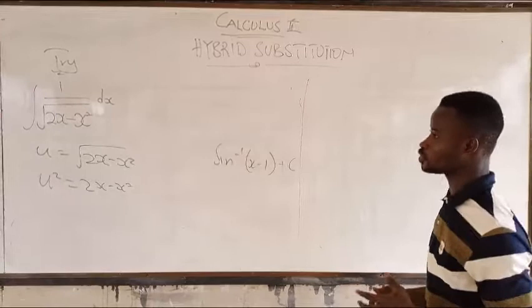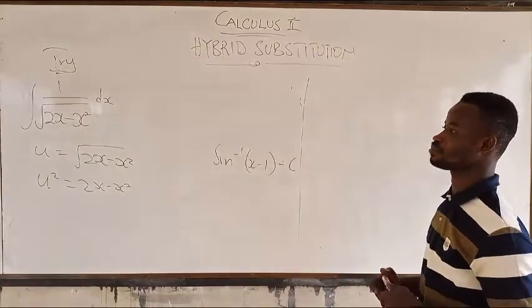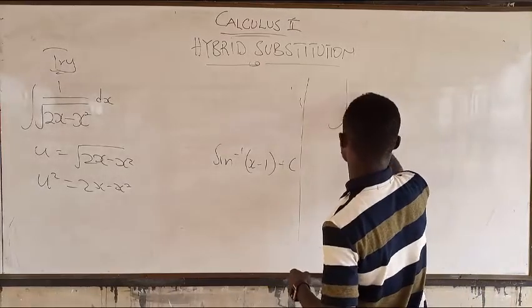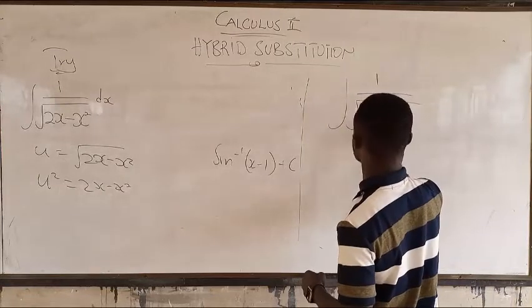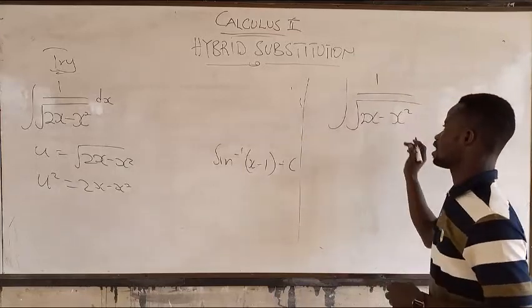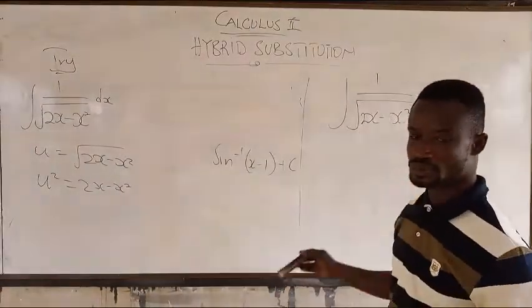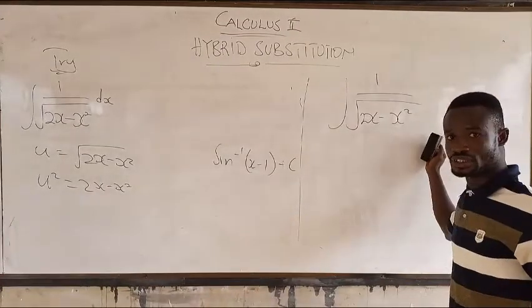I will not solve it for you, but I just want to chip in something. You see with this, you have the integral of 1 over square root of 2x minus x squared. Here, u substitution will not help you. You see that u substitution can't help you here. Alright, very good. And you know the reason why I'm saying that.